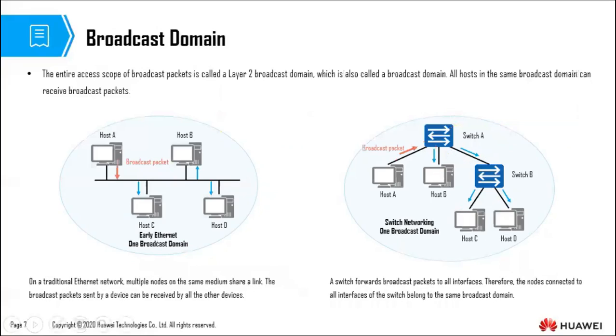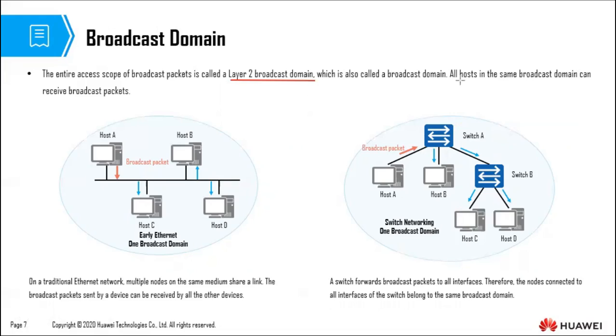So the other concept that is important is the concept of broadcast domain. Broadcast domains are also referred to as layer 2 broadcast domains because we know broadcast packets are never forwarded beyond layer 2. They're only forwarded within layer 2. So that's why they're called layer 2 broadcast domains.